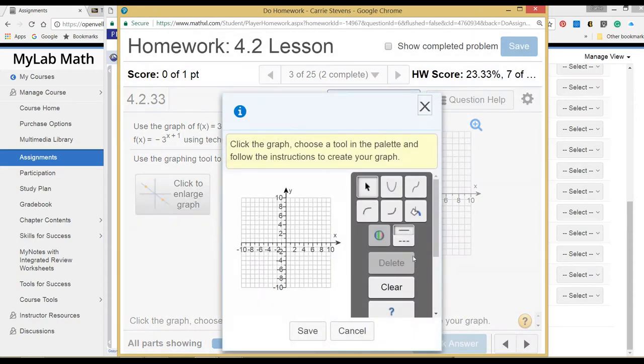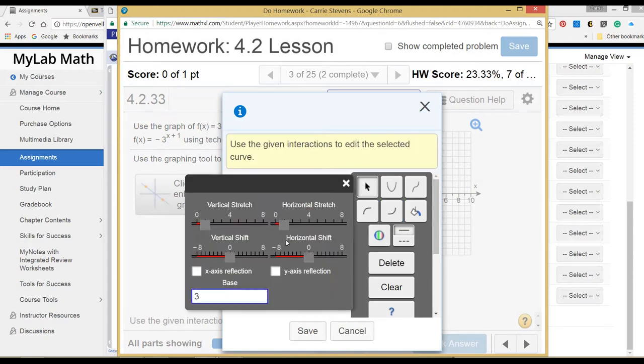So I start off with my basic, and then I'm going to vertically flip it and horizontally shift it. So I'm going to shift it 1 to the left, and I'm going to reflect it across the x-axis, upside down.